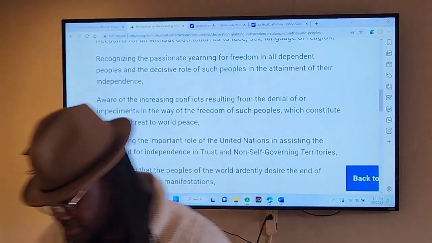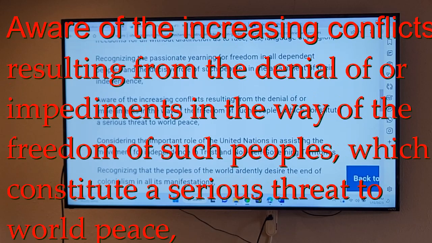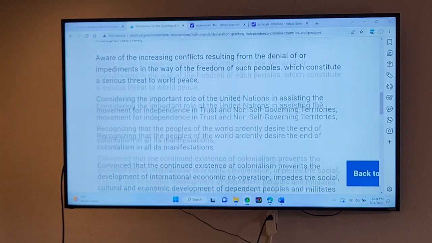passionate yearning for freedom in all dependent peoples, and the decisive role of such peoples in the attainment of their independence. Aware of the increasing conflicts resulting from the denial of or impediments in the way of the freedom of such peoples, which constitute a serious threat to world peace.